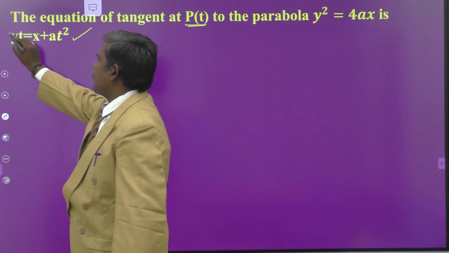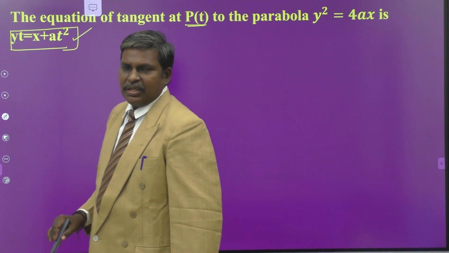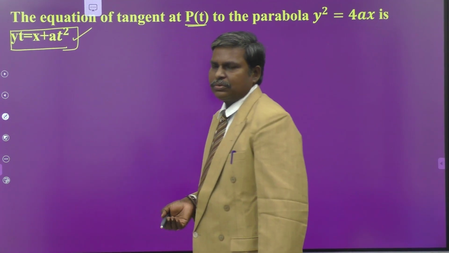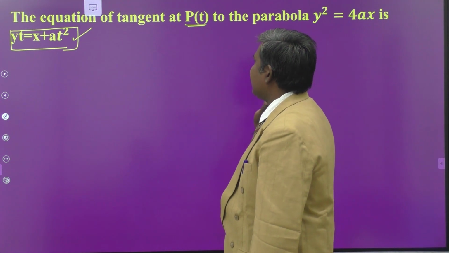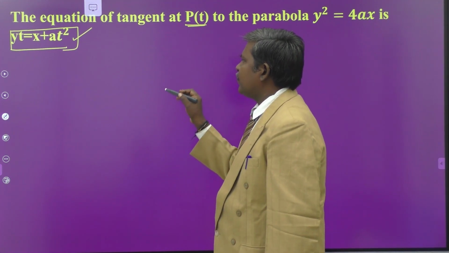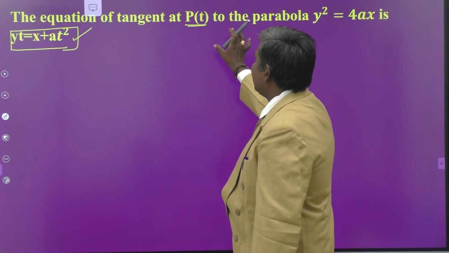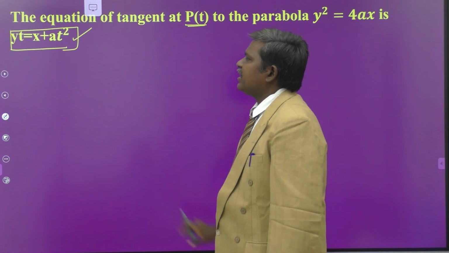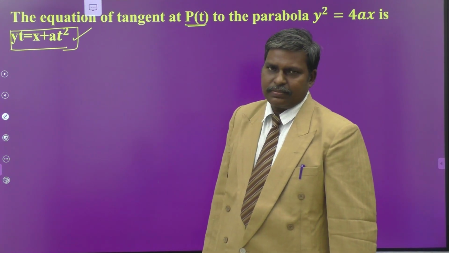Don't forget this formula. You can use it any number of times in so many problems. Every time you don't need to go for the proof. When we want the tangent at P(t), you immediately write yt = x + at².